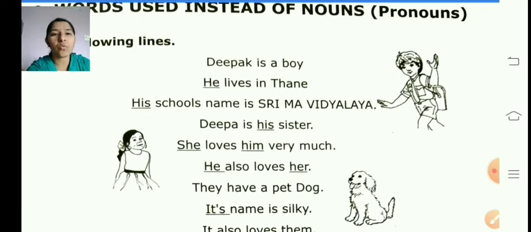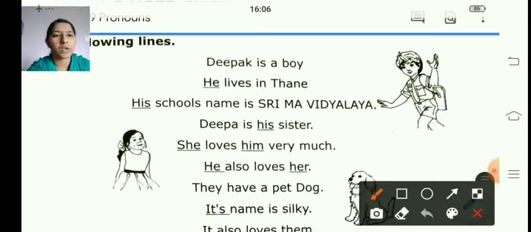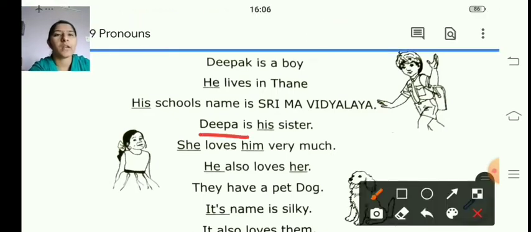His school's name is Shrima Vidyalaya. His, again, he is a boy, so we are using his. Now we are going to read the fourth line. Deepa is his sister.